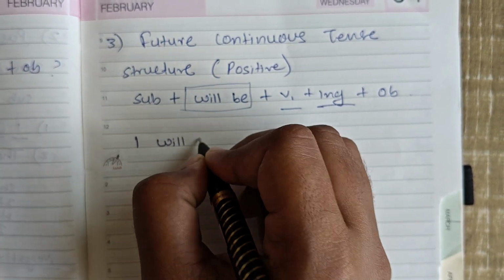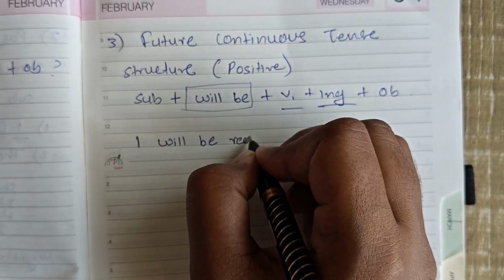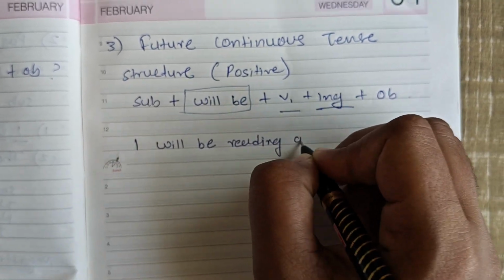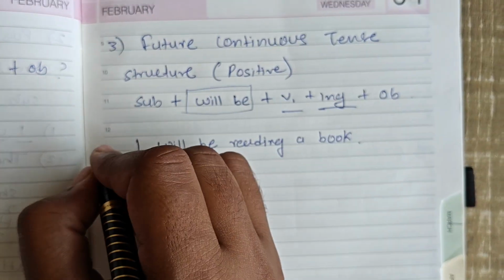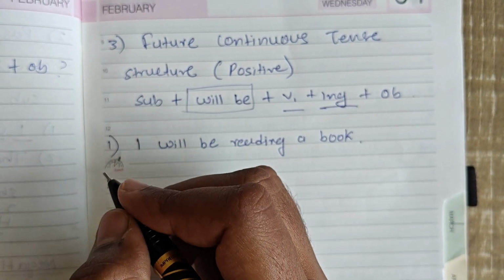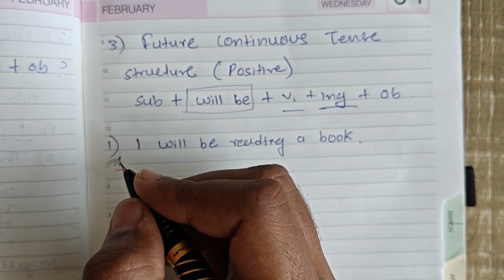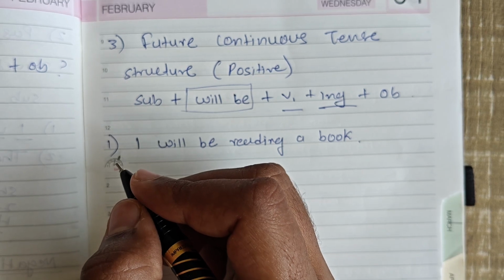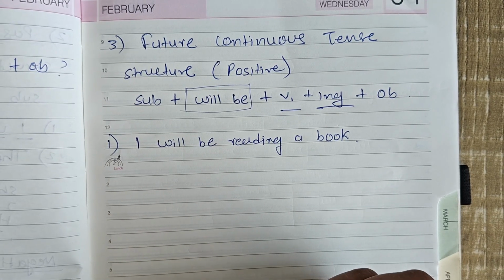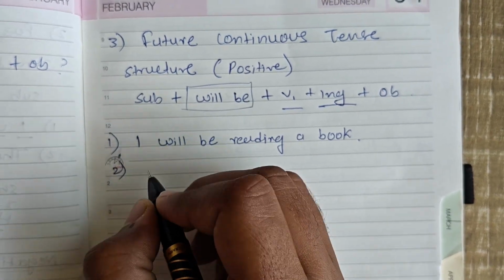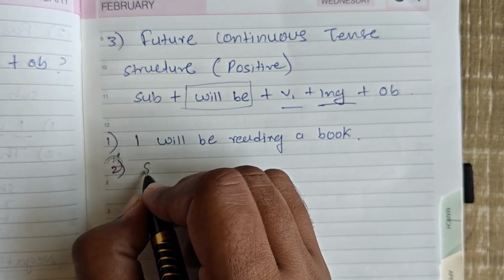I will be reading a book. What will you do in the future, tomorrow or the day after tomorrow? I will be reading a book. Second one is she will be cooking food.